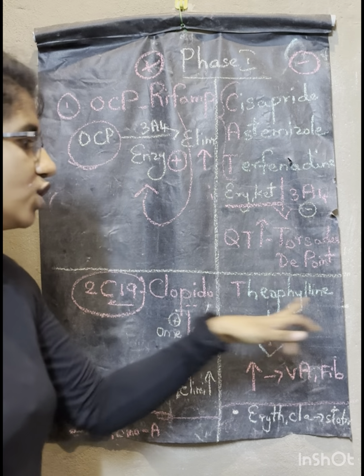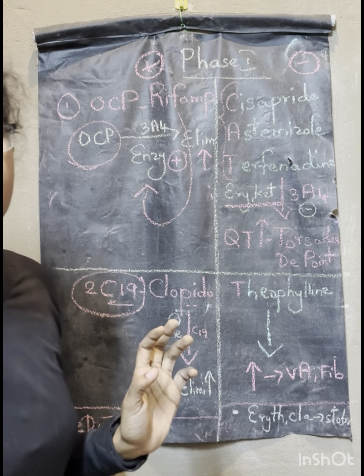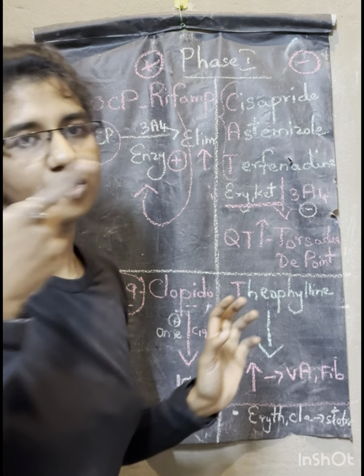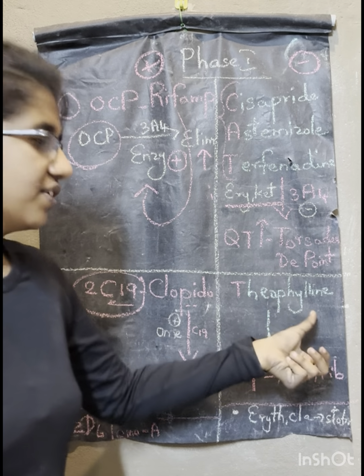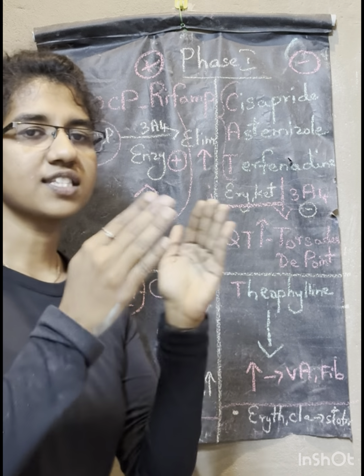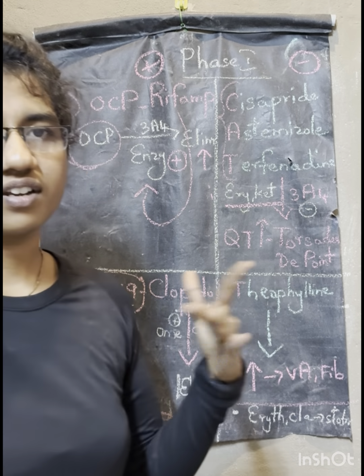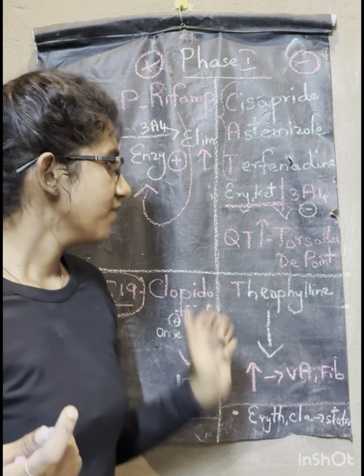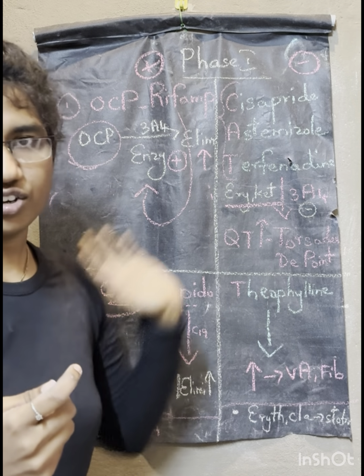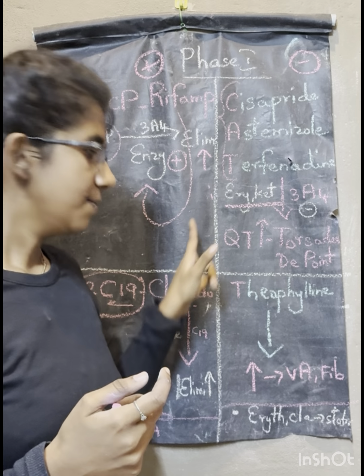Similarly, theophylline is given for asthma. It is given to bronchodilate. Suppose an asthma patient is on theophylline and has got fever or some infection. If you are prescribing erythromycin or ketoconazole, what will it do?